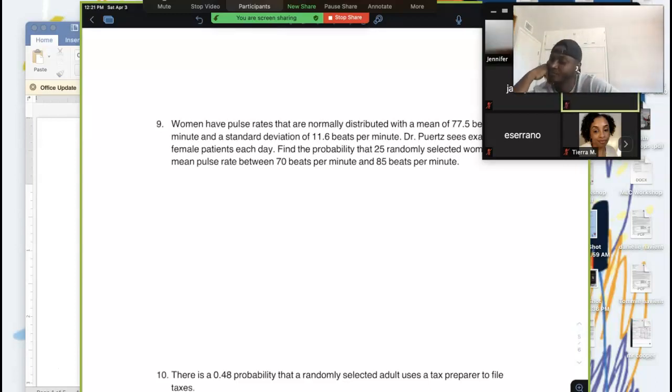Why standard normal? They give us a mean, they give us a standard deviation, and what else? One other key term. Normally distributed. Those are the 3 key things you're looking for.